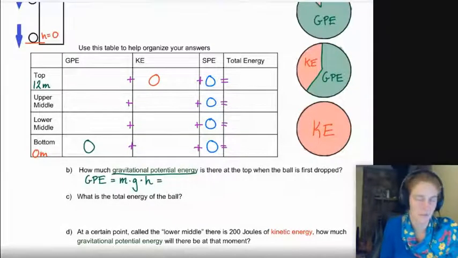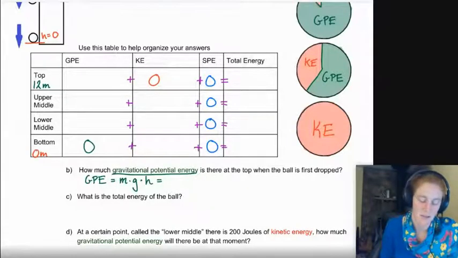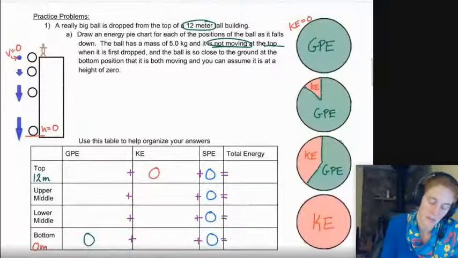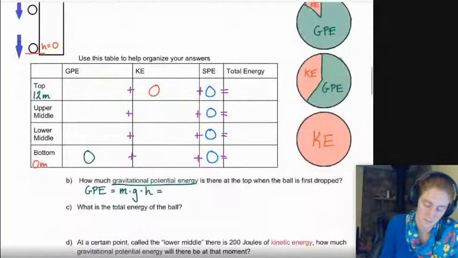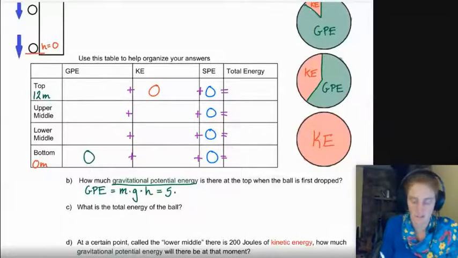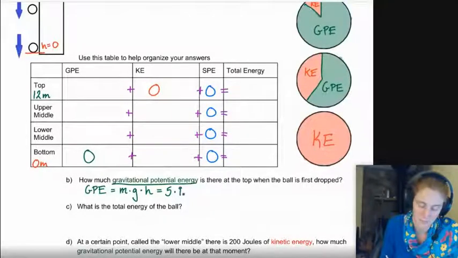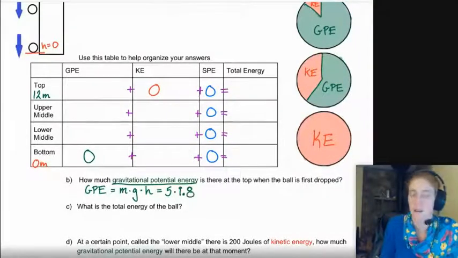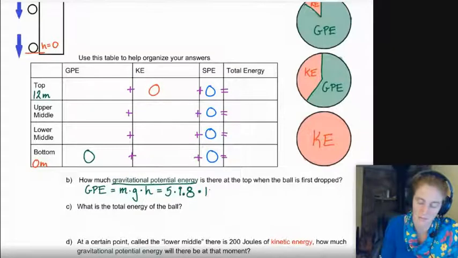And I'm not going to worry about doing units here, so you don't need to either. But my mass in this problem is 5 kilograms. And g, because we're on Earth, is 9.8. So whenever we're on Earth, g is 9.8. And then my height is 12 meters.